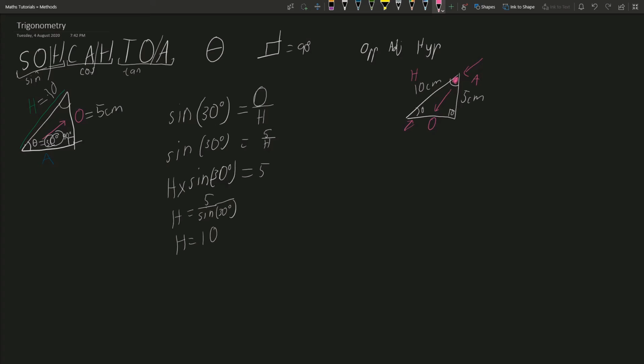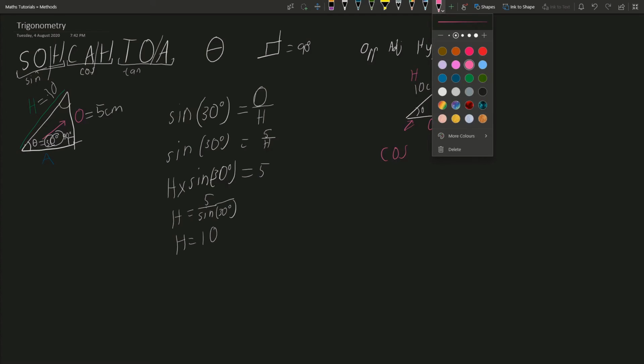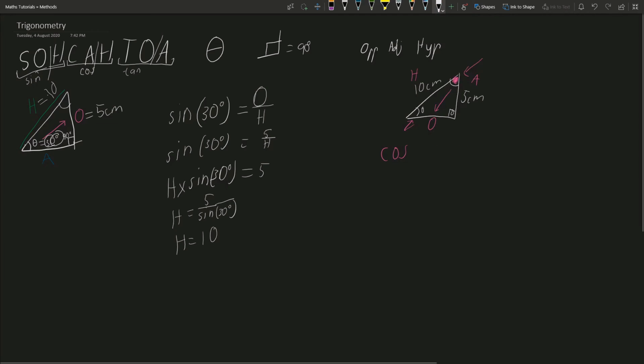So we look back towards our SOHCAHTOA. We know that when you have adjacent and hypotenuse, or one or the other, and you need to find the other, you use the cosine function. So you go cos, let me just switch back to the white here, cos theta, so this up here is theta, equals adjacent 5 over hypotenuse 10.